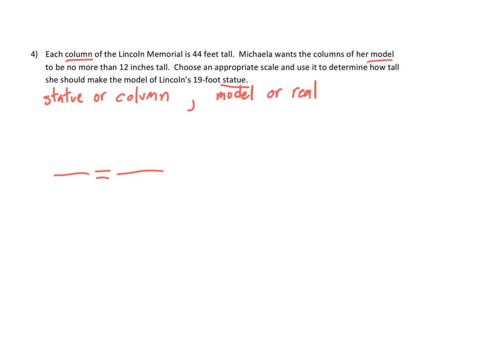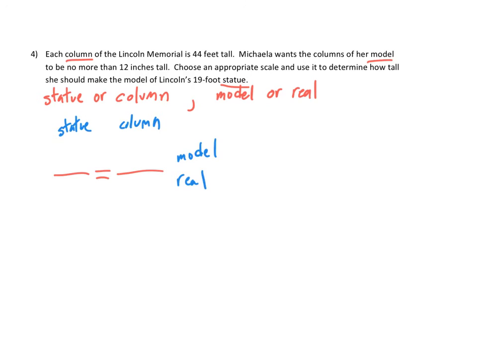So we're looking in one sense at either the statue or the column, or model or real. We could label those either way, whichever you want to do. You may have set this up totally differently than me. It doesn't really matter as long as we have these same categories, and as long as when we cross multiply, we get the same cross products.